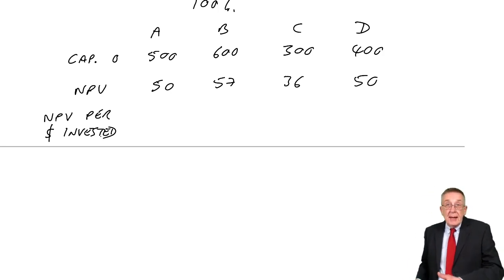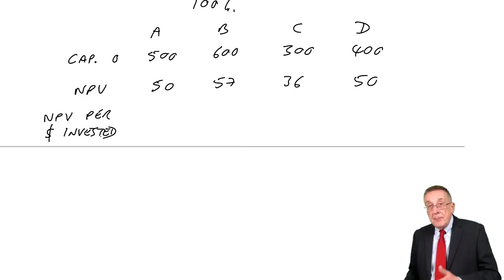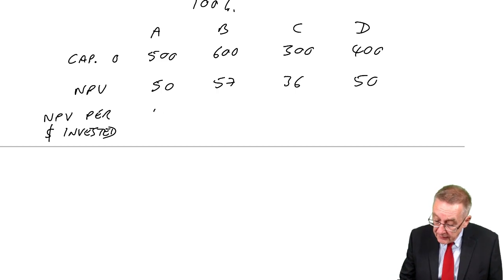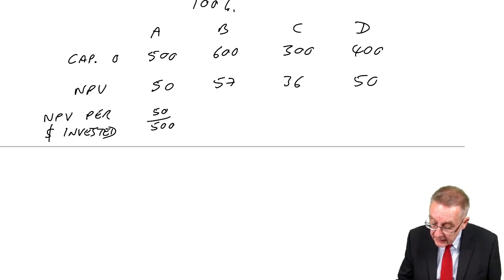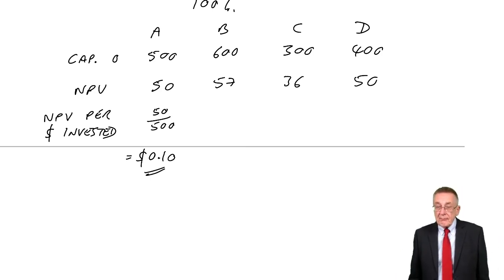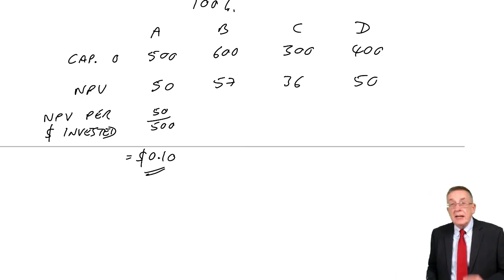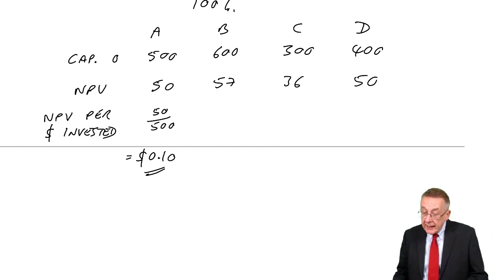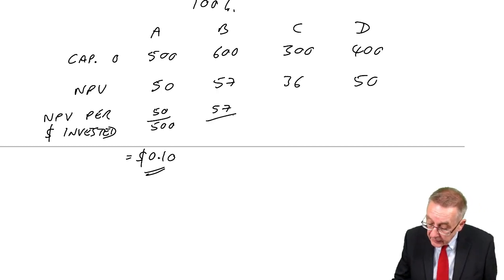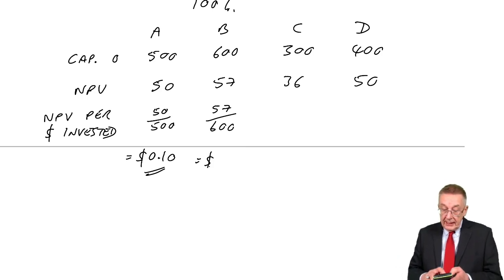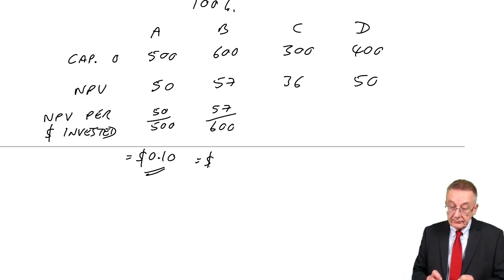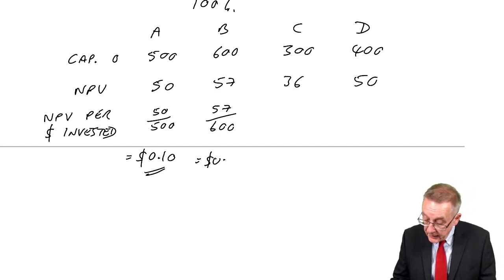A gives us 50 NPV for an outlay of 500. Well, the NPV for every dollar invested is 50 divided by 500. 10 cents, 0.1. So for every dollar we put in A, we get 10 cents. What about B? We get 57 for an outlay of 600. Per dollar is 0.095, 9.5 cents.